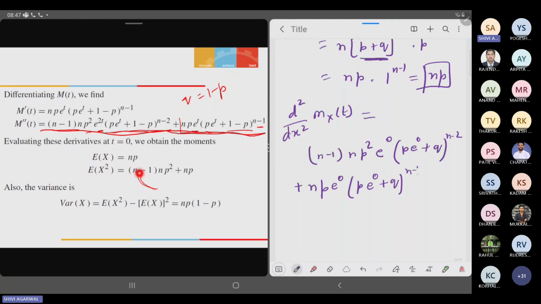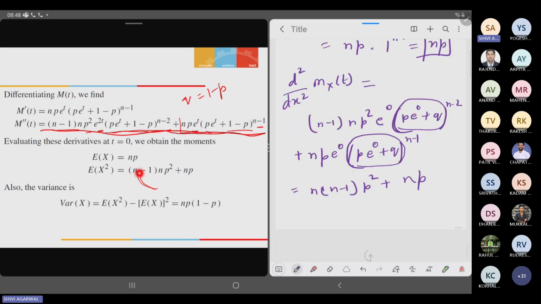Got it? So now what is this? This is 1^(n-2). This is 1^(n-1). So what is remaining here? n(n-1) p^2 plus np.